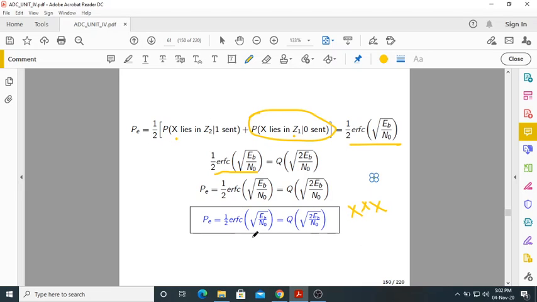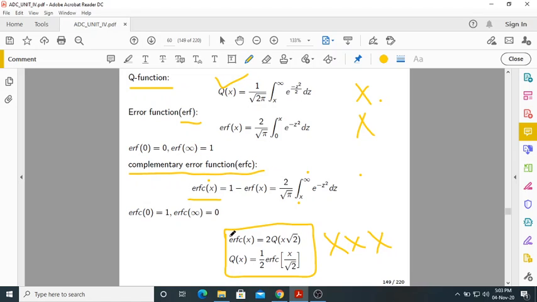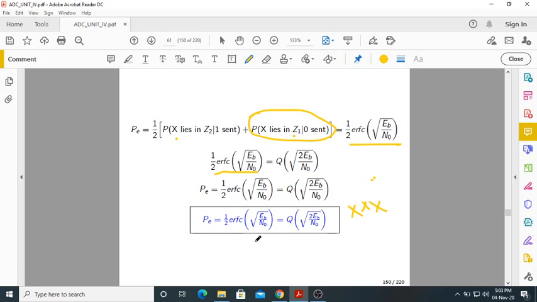This is in the ERFC format, and this is in the Q function format. You must remember both formats. If you get any confusion, remember the Q function format and the relation between these two, and convert it into ERFC format. I cannot guarantee that they will always ask in the Q function format or in the complementary error function format.